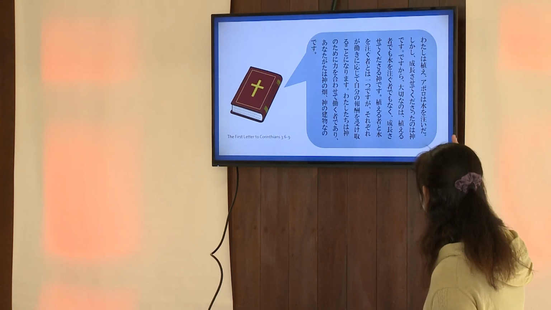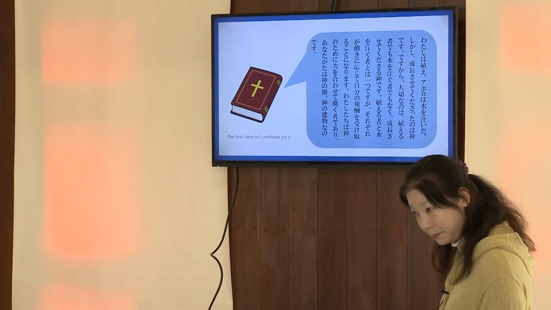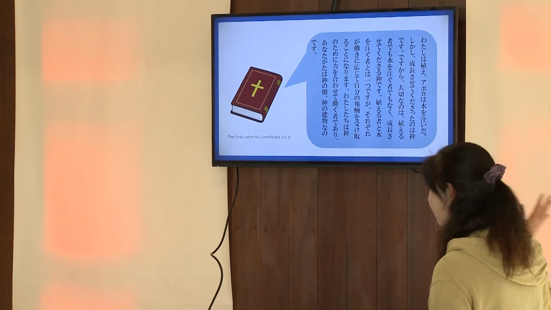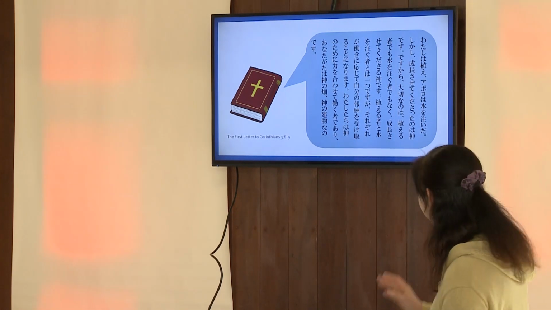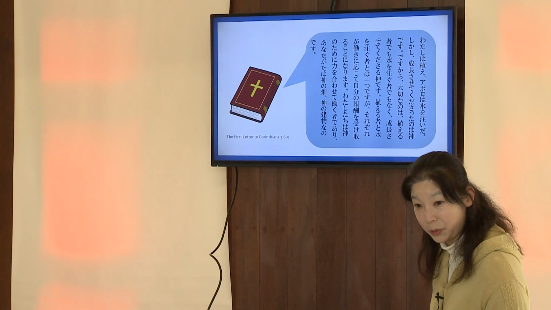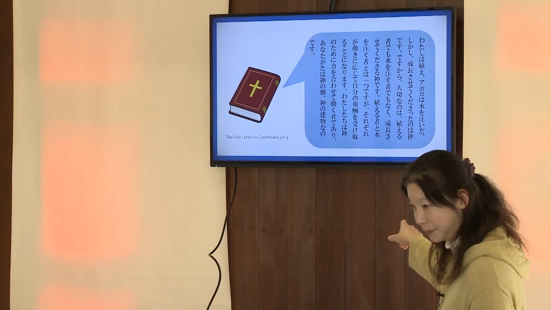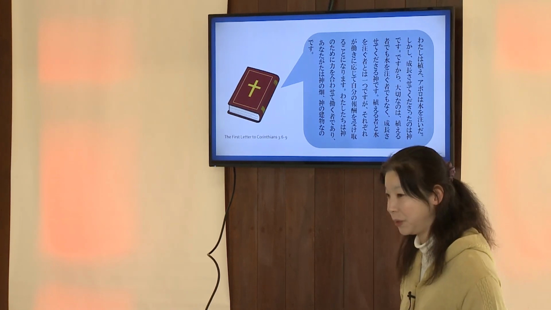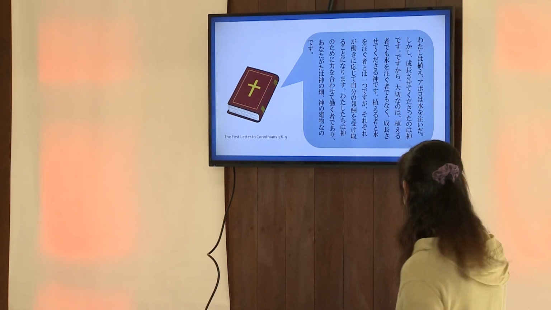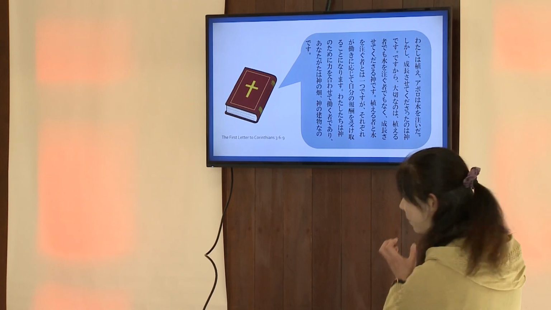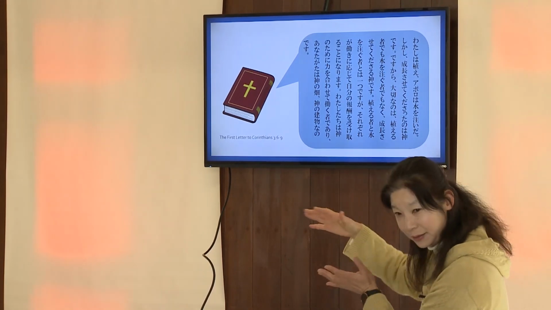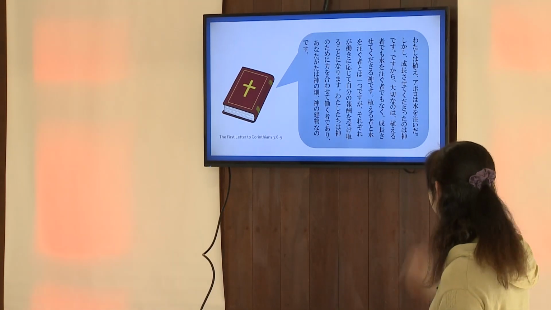It's written from top to bottom, right to left, and there is no space between words. There are commas and periods, but no spaces between words. So I had to know the word boundary to read. This is how it looks.